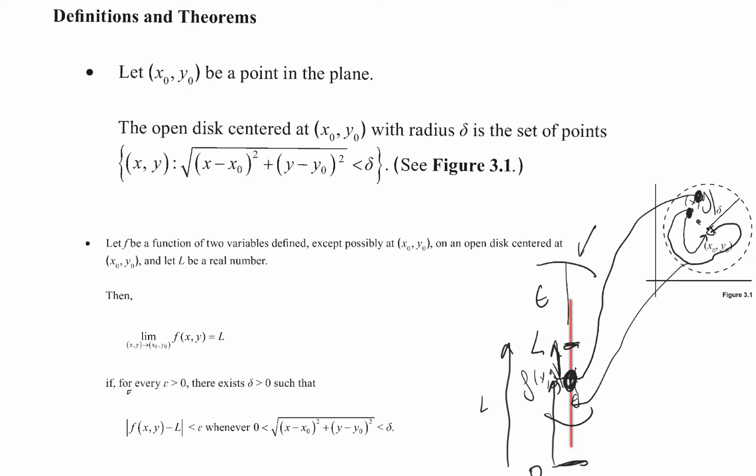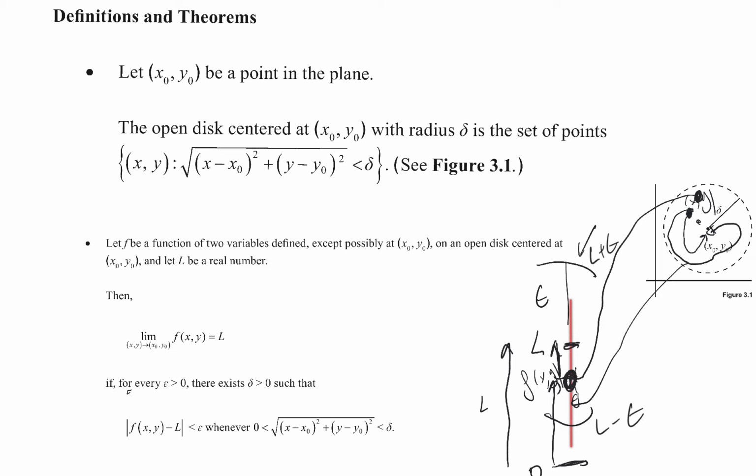It's not very useful, but the idea is that because this is valid for all epsilon, when you stretch the epsilon, you need to find a delta, a radius delta, where all the points go inside the interval between L minus epsilon and L plus epsilon.